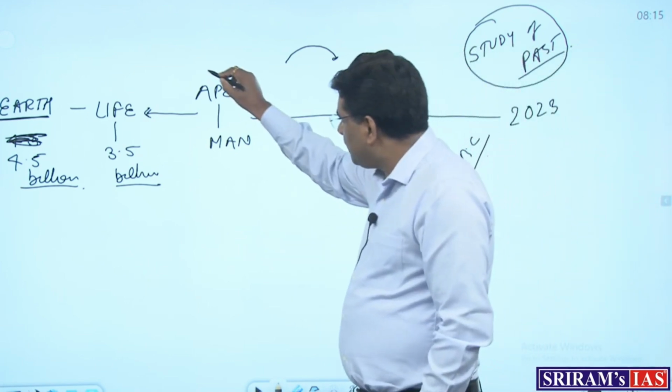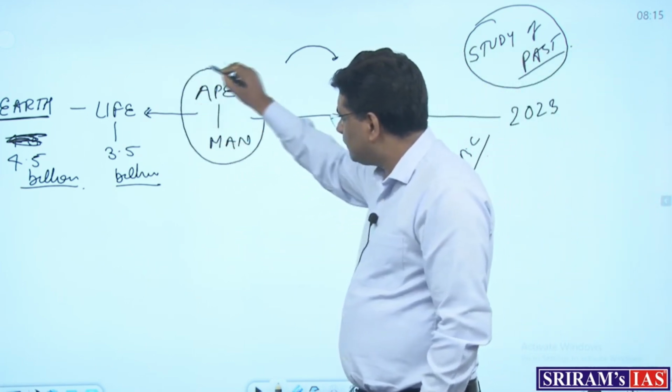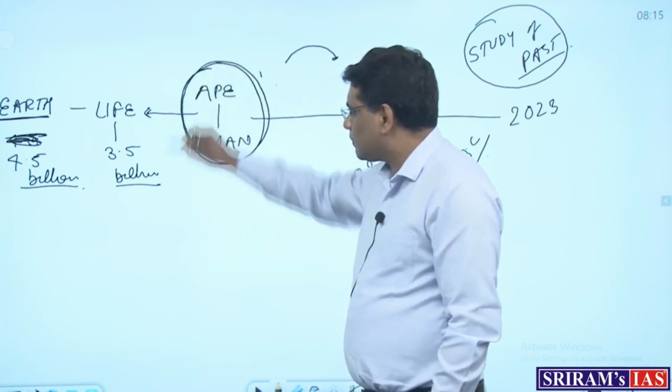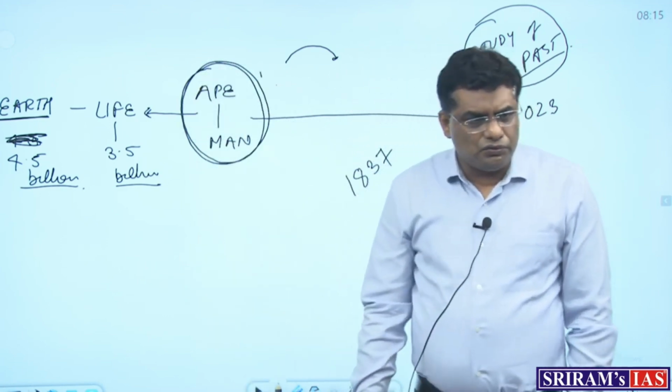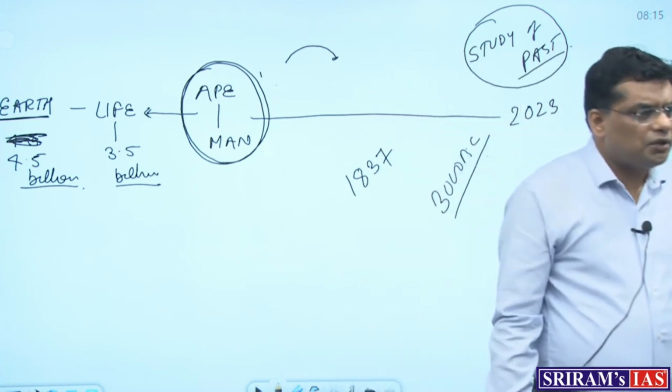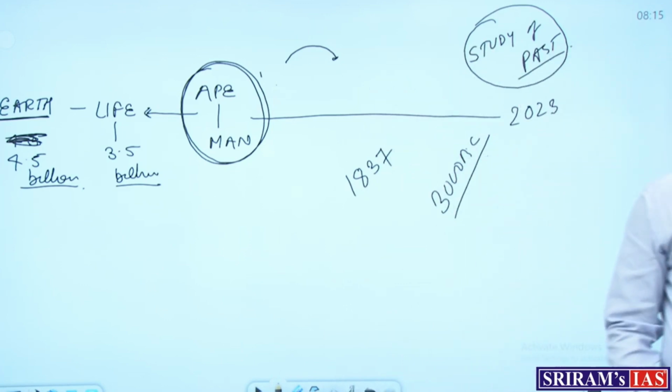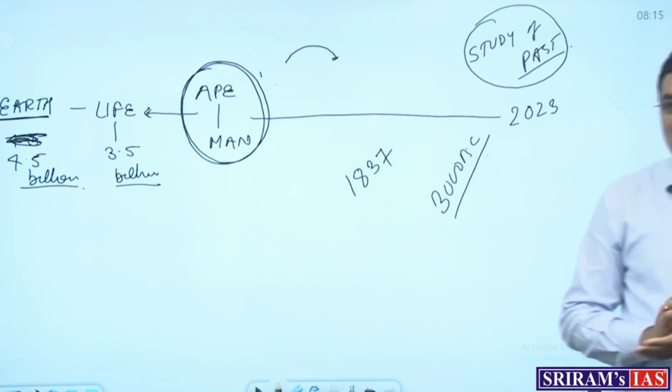So ape and man. There is no debate in anthropology that ape is ancestor of human. There is no debate. We have so many evidences to prove.